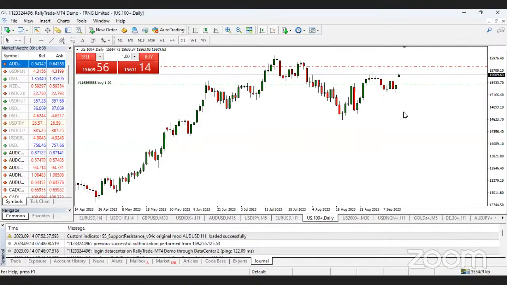Basically, most of the indices pairs. If you make out time to go through our announcements on our page, you'll see they always state the reasons for these gap ups. So it's basically a rollover.